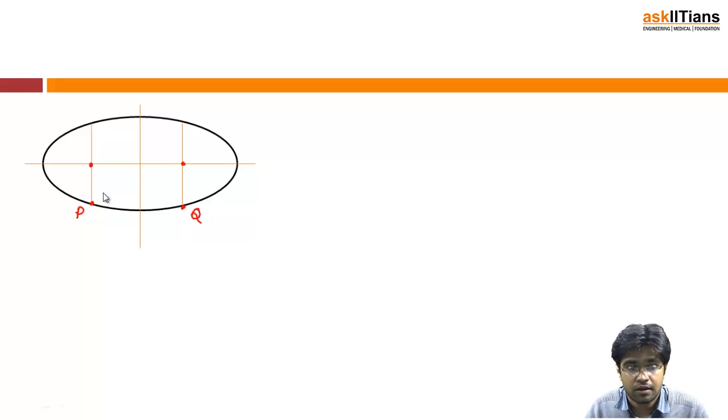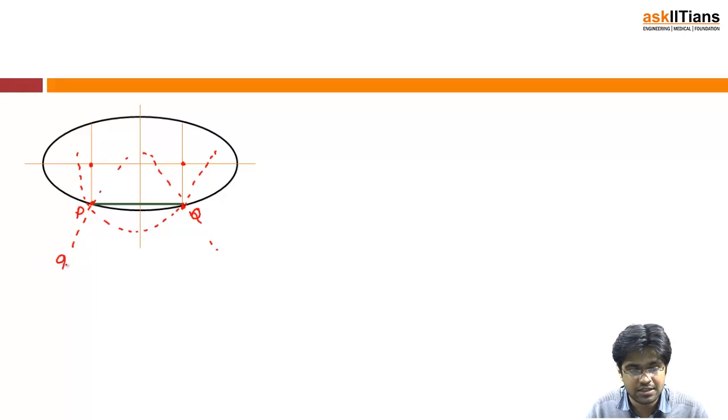Now the line joining PQ is actually a latus rectum to the parabola. That means the parabolas are like this. Either the parabola can be like this, or the parabola can be like this. So these are the two parabolas possible.